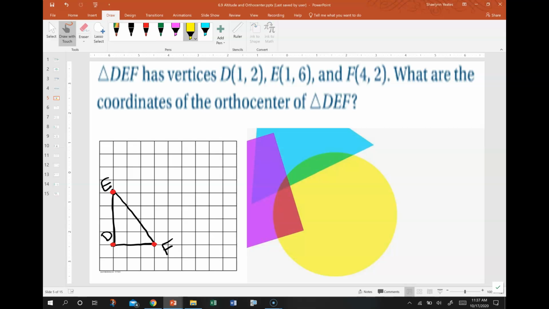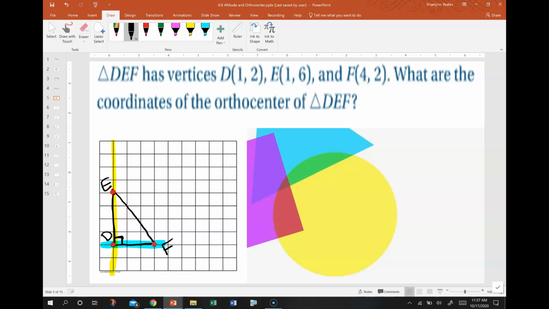I'm going to put DE on a yellow line so I can remember that that line actually extends past where it is. DE is a vertical line, so perpendicular to DE will be a horizontal line. This would be my line that's perpendicular and goes through F. Oh, that worked out really nicely.